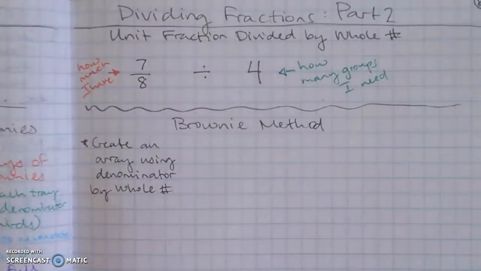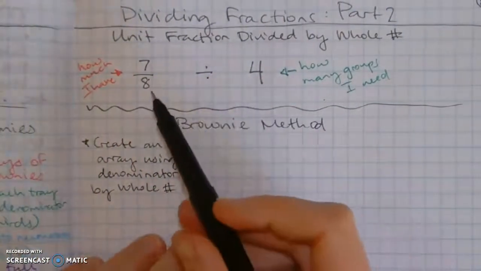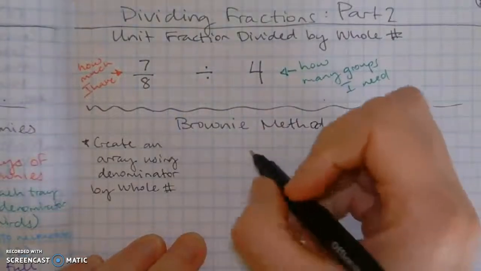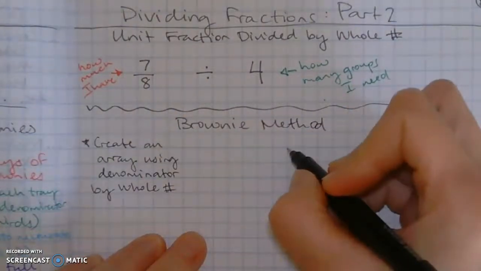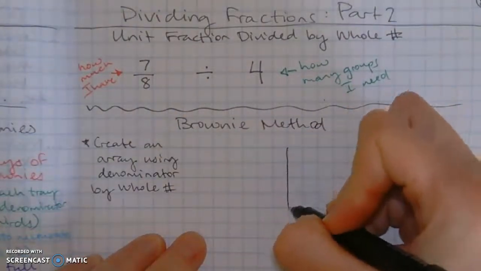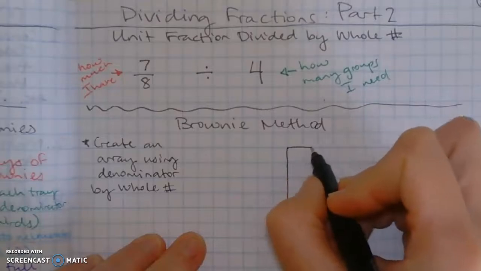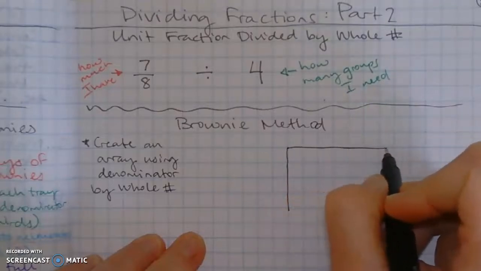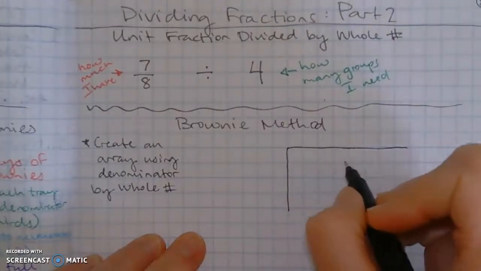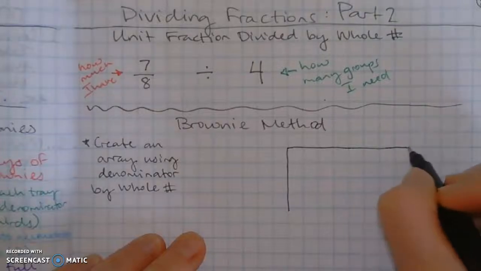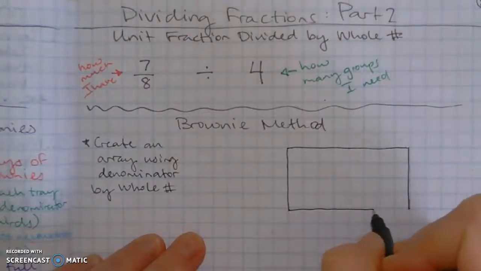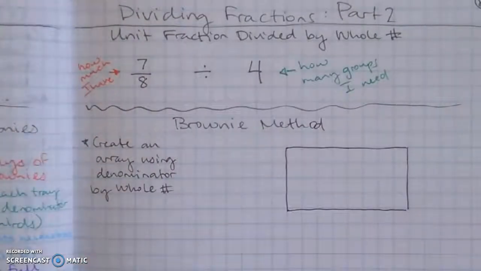Okay, so my denominator by my whole number in this model is going to be an 8/4. So I'm going to just set that up right here. I'm going to do 4 going down this way, and I'm going to do 8 across. 8. 1, 2, 3, 4, 5, 6, 7, 8. Okay, just double checking. Okay.